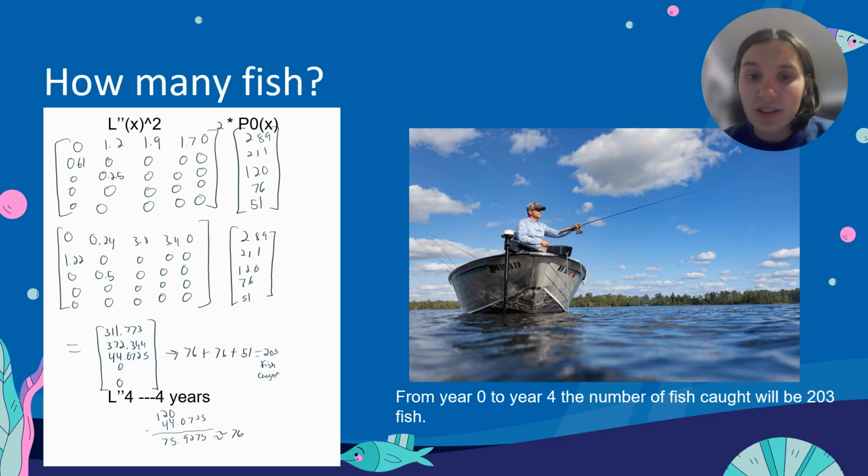So I only altered the survival rates for the bottom 3 age groups. So that's how we know how many are surviving or dying. And so the survival rates are 0 for all of these, so we know they're being caught. So we just do our subtraction, and then we got 76, 76, and 51. We add, and we get 203.